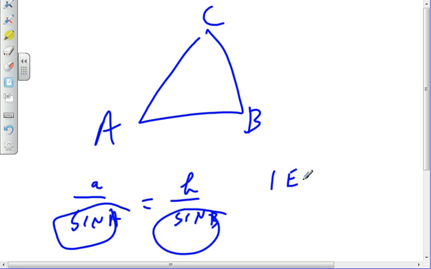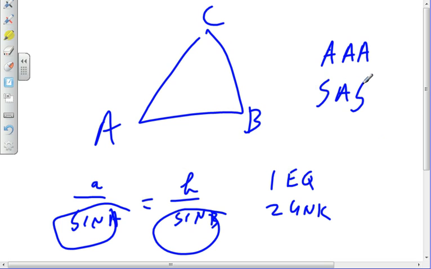One equation, two unknowns. Can I solve one equation with two unknowns? No, I can't do that either. Bummer. So if I know all three angles, I can't use the law of sines. If I have side, angle, side, it's not going to work.